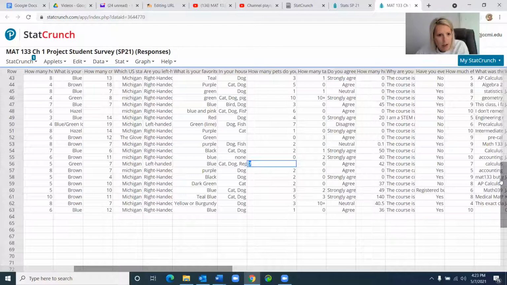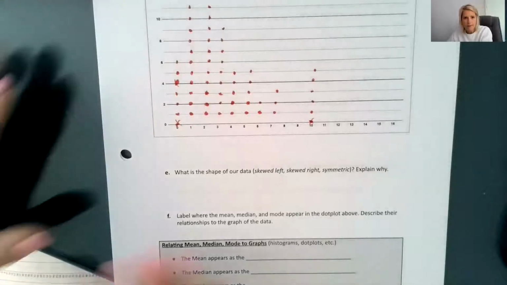And we have 7, 2, 2, 2. 3, 5, 3, and a 1. Okay. This is what mine looks like.